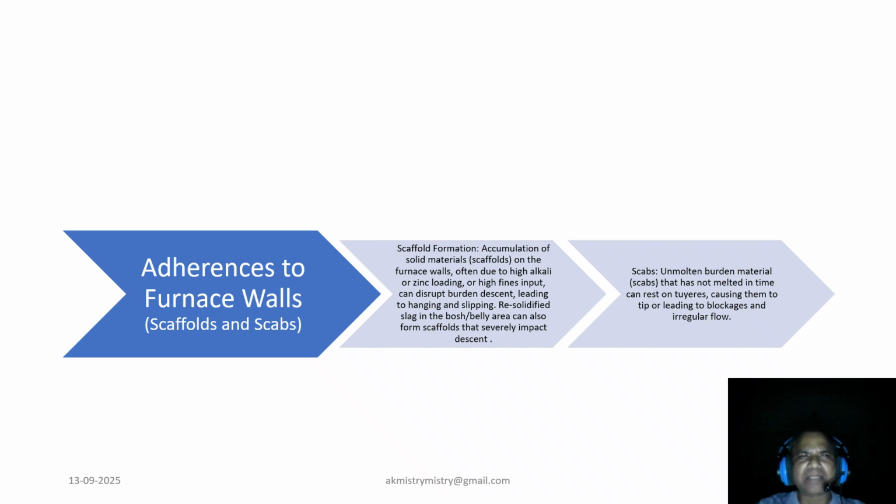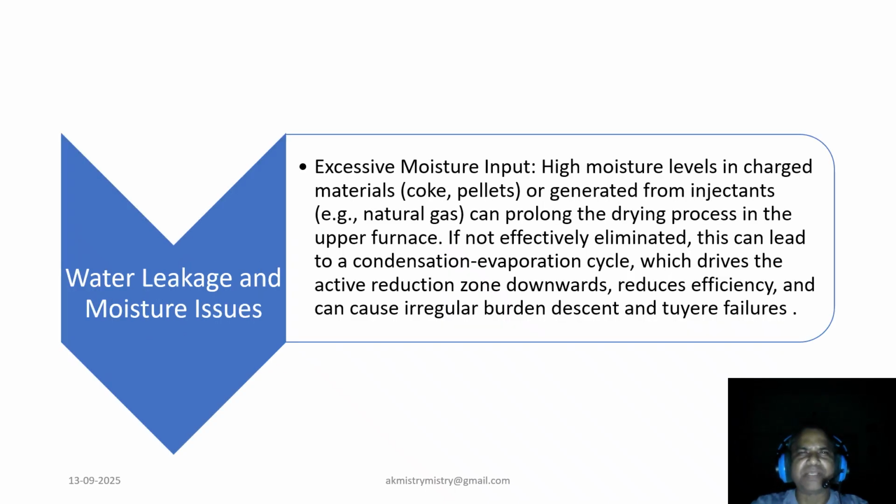Coming to the adherence to the furnace wall, we can say that adherence to the furnace wall, like scaffold accumulation from high alkali, zinc or fines, can severely disrupt burden descent. Scabs are unmolten material resting on the tuyere or causing blockages, directly contributing to bridge formation. So this is also a very important phenomenon.